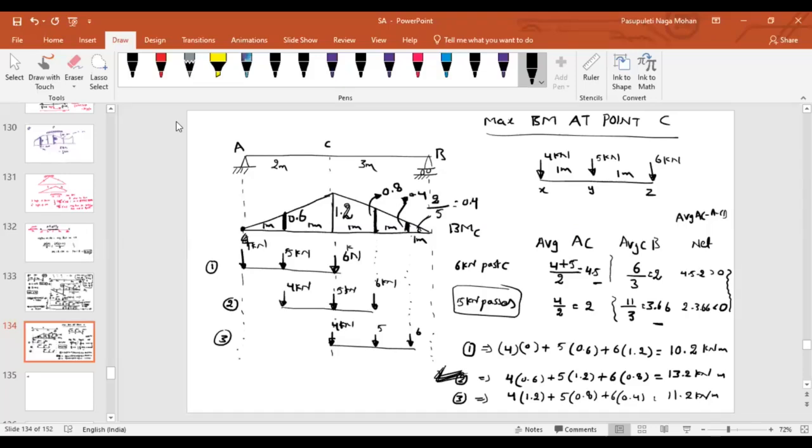In case it is 4, 6, 5, or some other value is given, please find out accordingly. Should we interchange the values in ascending or descending order? Yes, interchange the values and see how they change. You can do that as homework too, if you wish to.